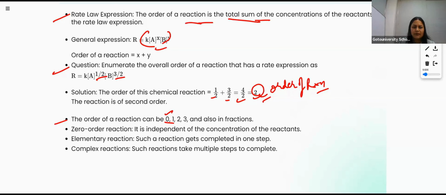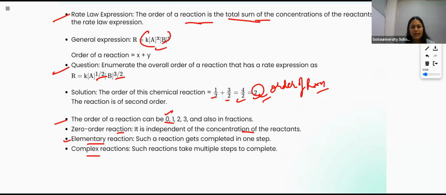they are independent of concentration of reactants. Right. Now there are different types of reaction: elementary reaction and complex reaction.